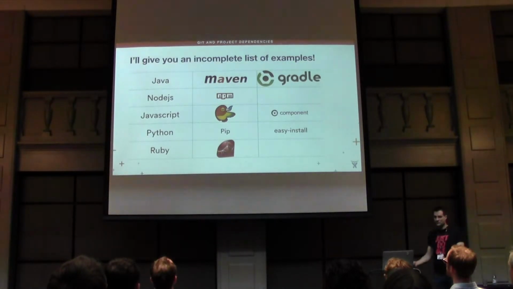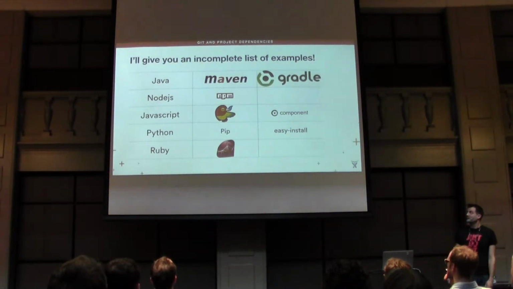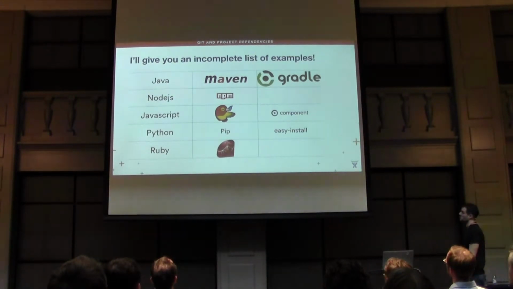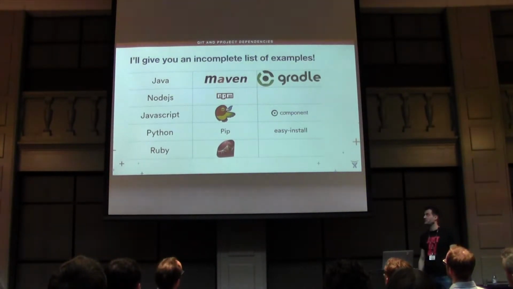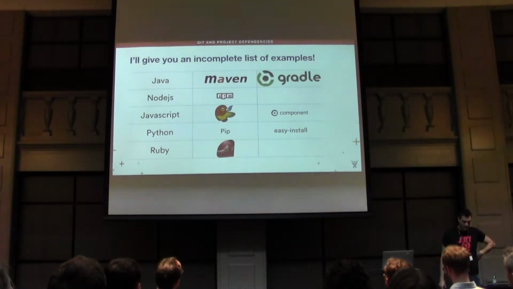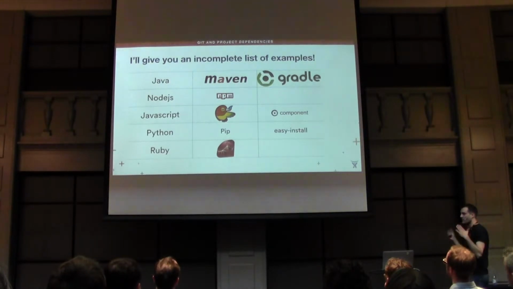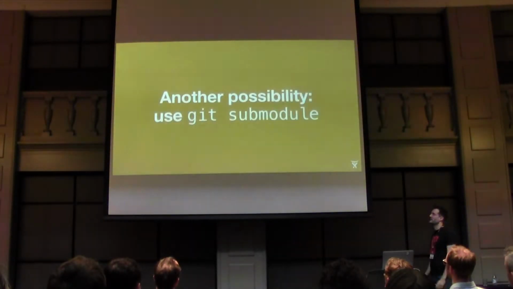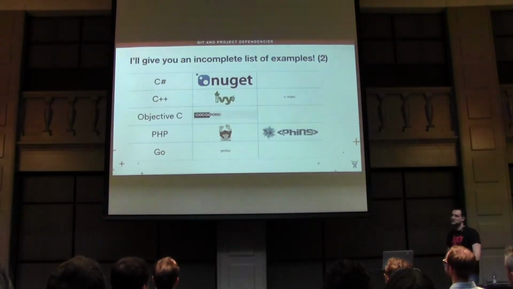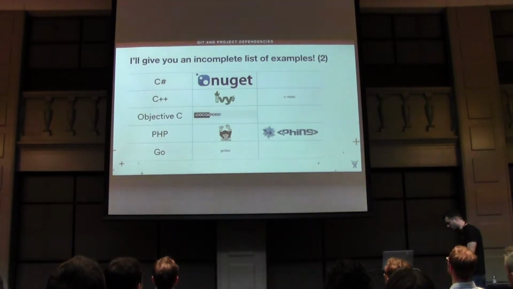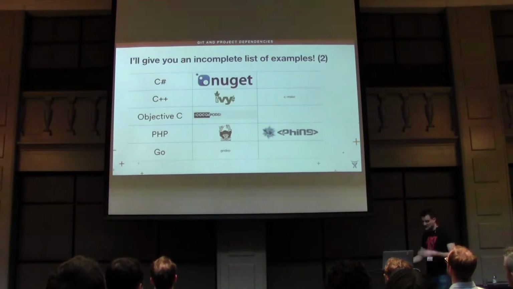If you use Node.js, there's npm. Non-node JavaScript has Bower, component.io, Python has pip, Ruby has gems. It doesn't stop there. Even if you have a slightly different technology stack, C# has NuGet, C++ can be made to work with Ivy or CMake, Objective-C has CocoaPods.